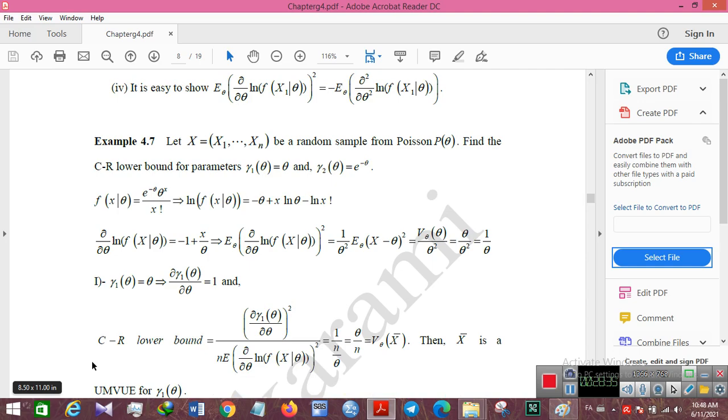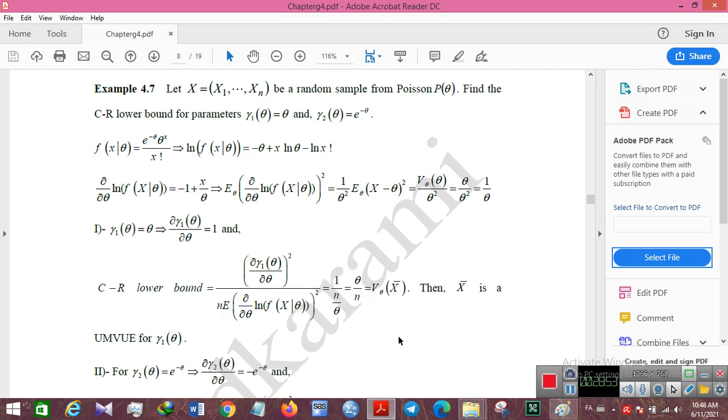and γ1(θ) is θ, the derivative of γ1(θ) is equal to 1. The Cramér-Rao lower bound is equal to θ over n, which is the variance of X bar.